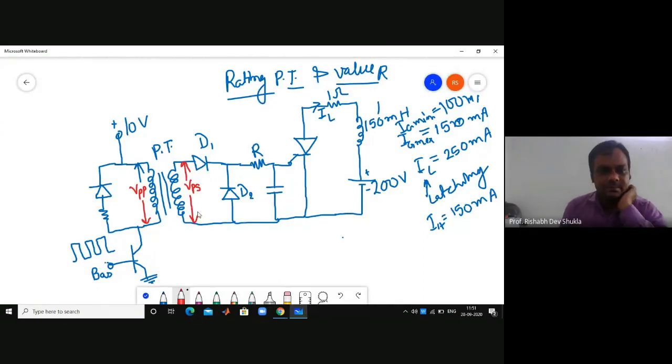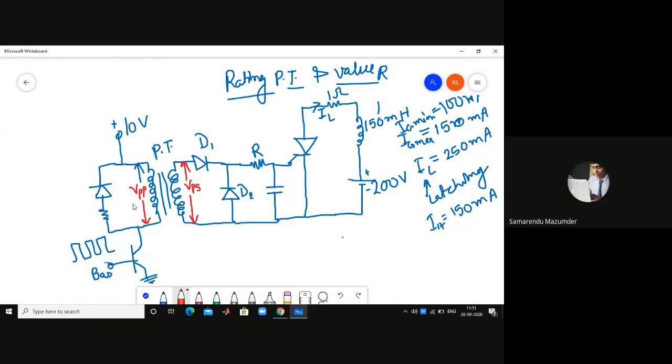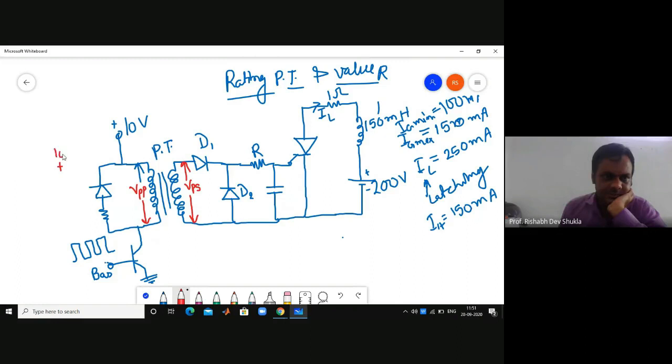Here is your 10 volt plus 10 volt. This branch has the diode and resistance, D and R. Assuming that the base is on, that means the BJT is on.